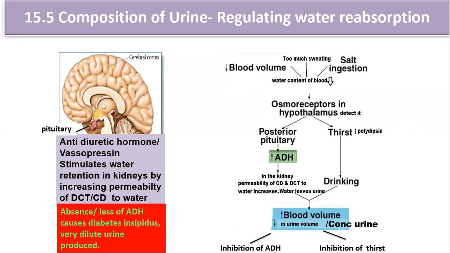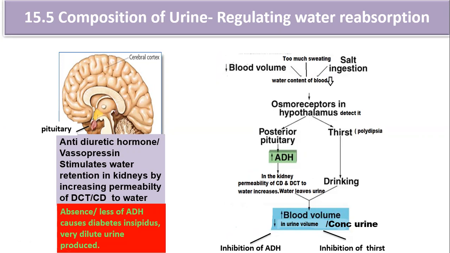The diencephalon has a part called hypothalamus, which has a receptor called osmoreceptor. These osmoreceptors can detect the change in concentration of salt and water in your blood, so they are going to detect the decrease in concentration of water.